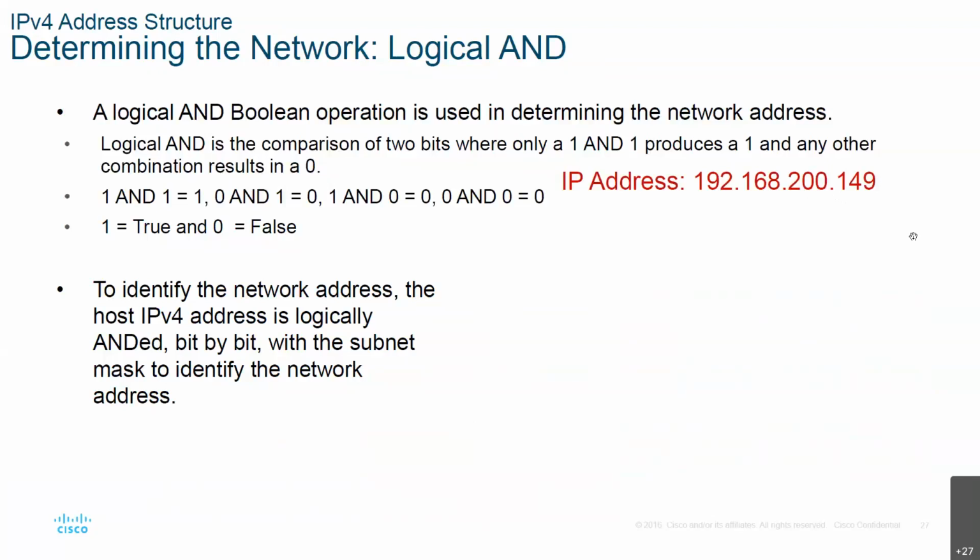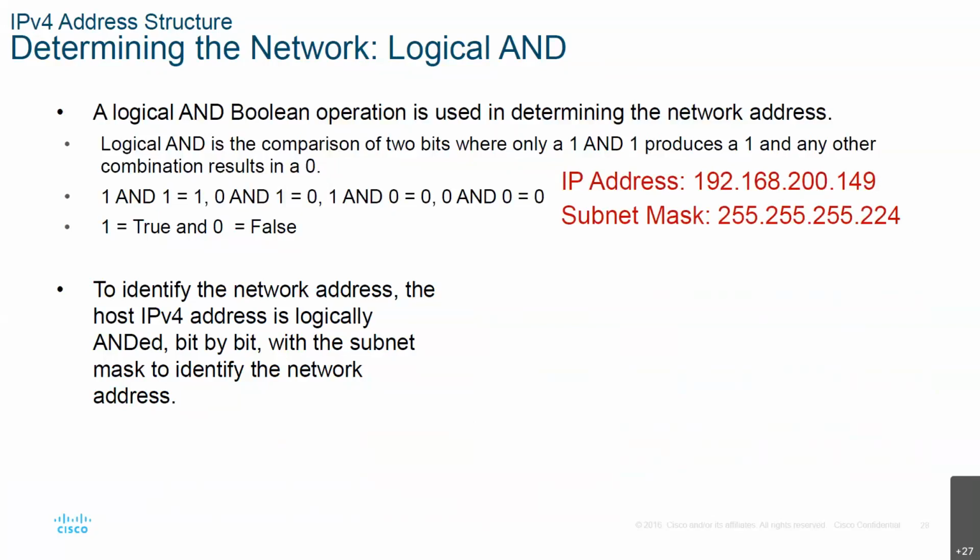You cannot just give me an IP address and ask which is the host and network portion. Give me a subnet mask so I know. Then I give you a subnet mask. Now you know exactly which is the host portion and which is the network portion.